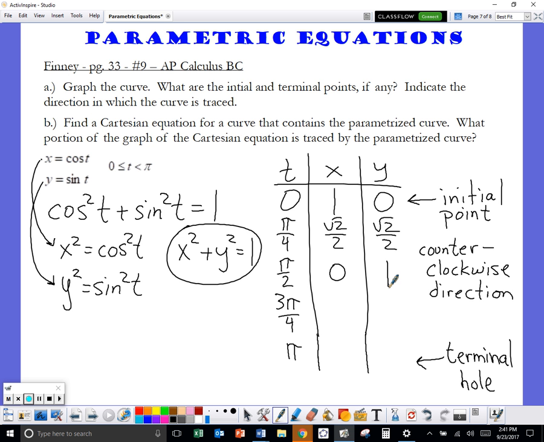When we plug in 3 pi over 4, cosine is negative, and sine is positive. Plugging in pi, cosine is negative 1, and sine is 0.